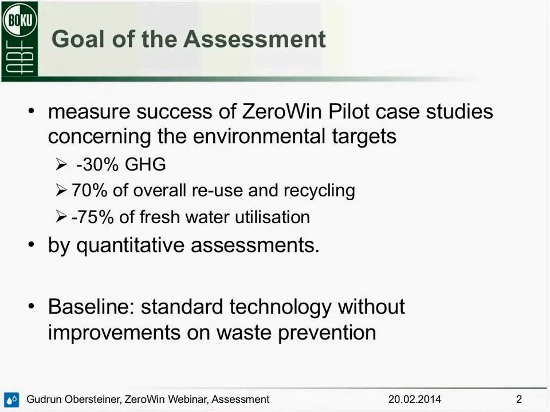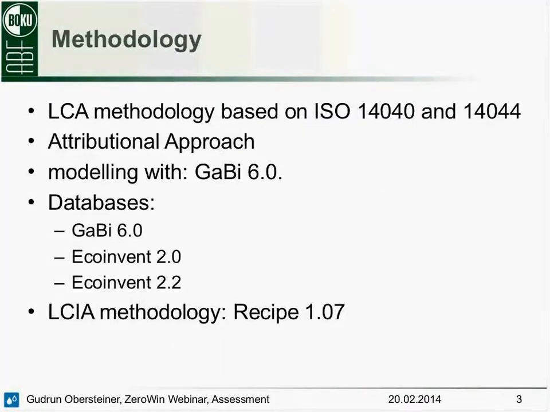And we wanted to do this by quantitative assessment, and we compared our ZeroWIN pilot case studies to a baseline, and this baseline was in any case a standard technology without any improvements on waste prevention. The methodology we used was the life cycle assessment approach based on the ISO standards and the ELCD guideline.